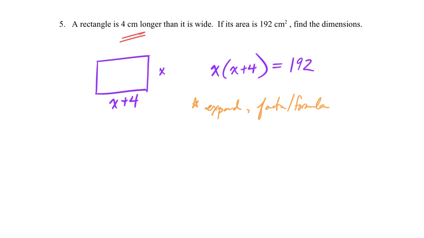We should be good to recognize the 192 represents centimeters squared because of the second sentence. Don't put units in your equation. Yes, science classes do. Math students don't. We could just tell that when we go through and solve in the end, we're talking about centimeters.